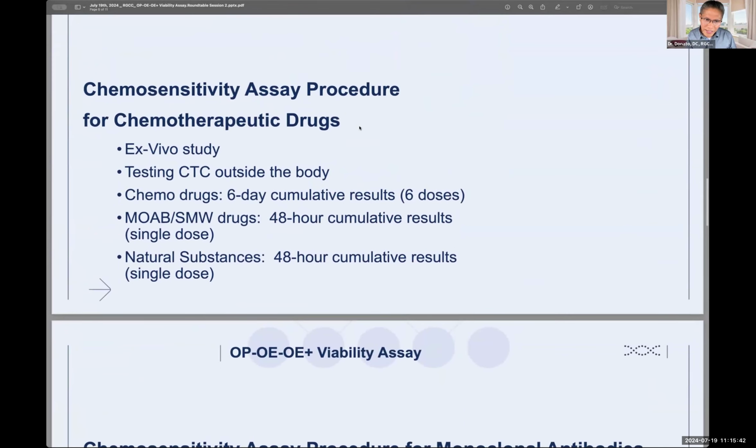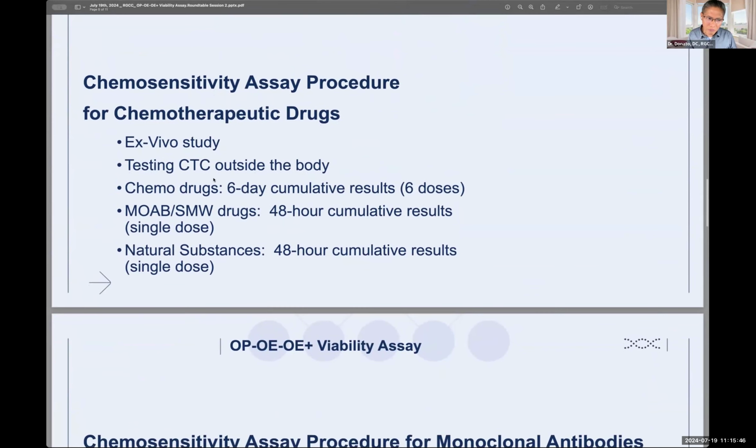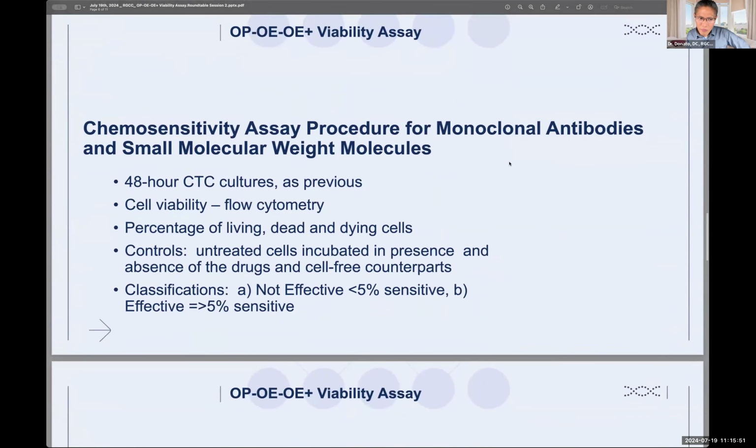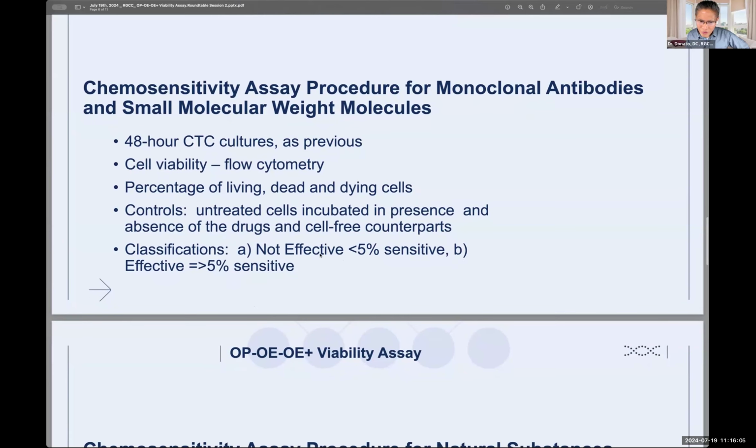Here in the assay procedure, the cumulative results testing is ex vivo, and for the monoclonal antibodies, which are small molecular weight, it's a 48-hour culture. Again, they use cell viability by flow cytometry to assess that. The classification is different now.